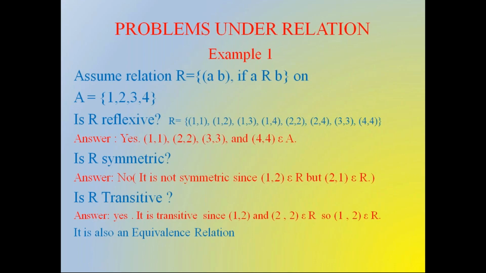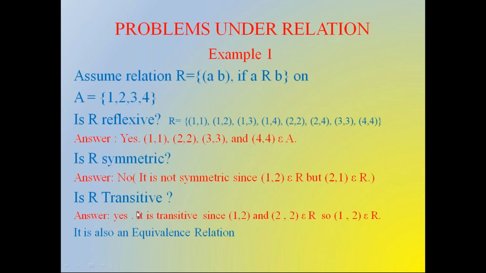For (3,3) and (4,4), the same. For the ordered pairs (1,2), (1,3), (1,4), and (2,4), if their reversed pairs appear in the set R, then we may call it a symmetric relation. Otherwise it is not symmetric, since for (1,2) we do not have (2,1). So it is not a symmetric relation, and the second condition is not satisfied.